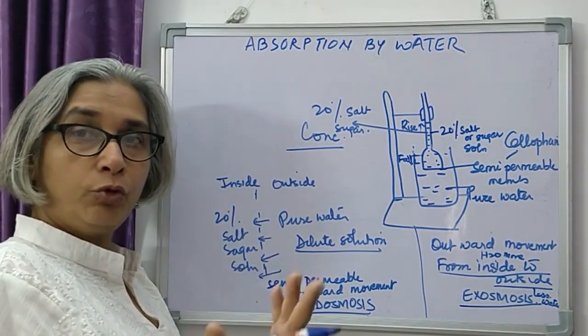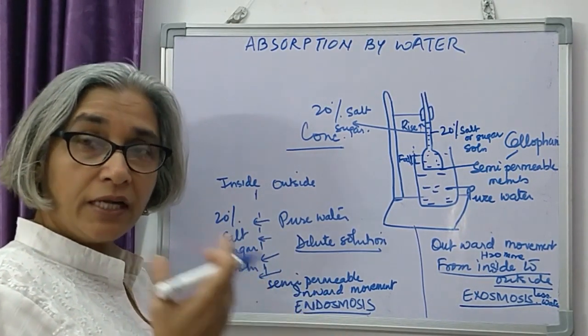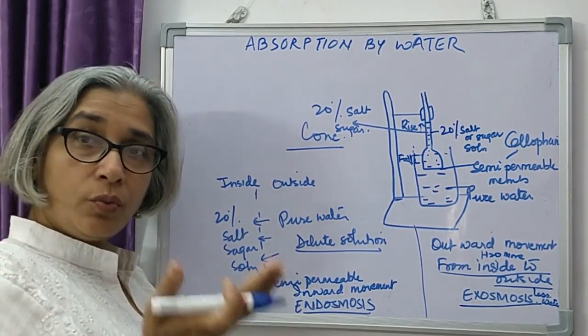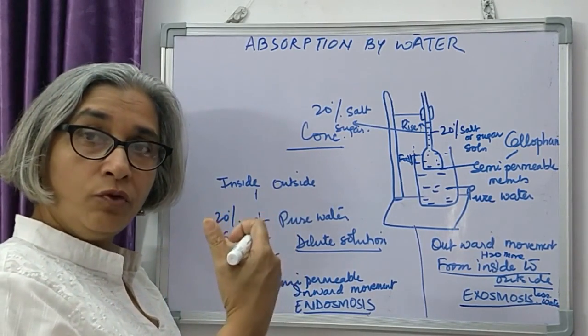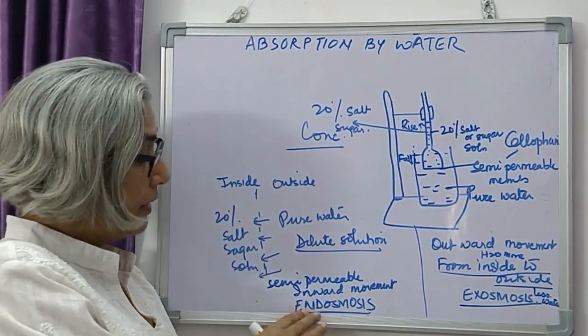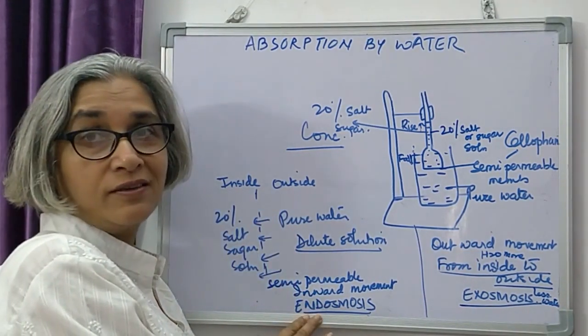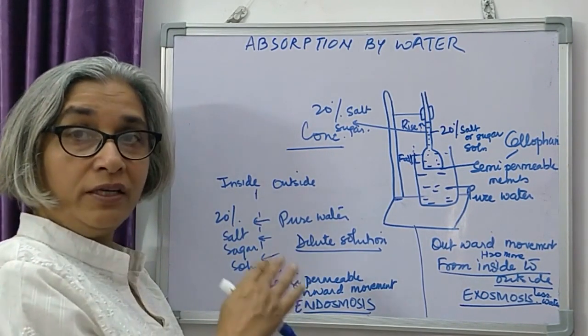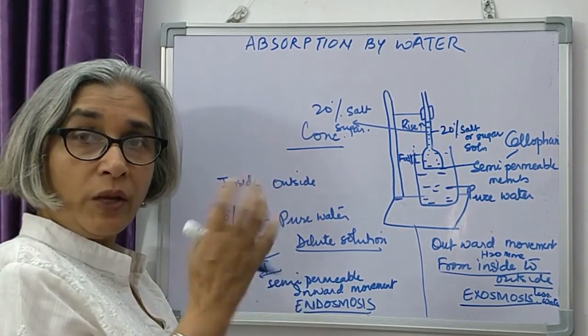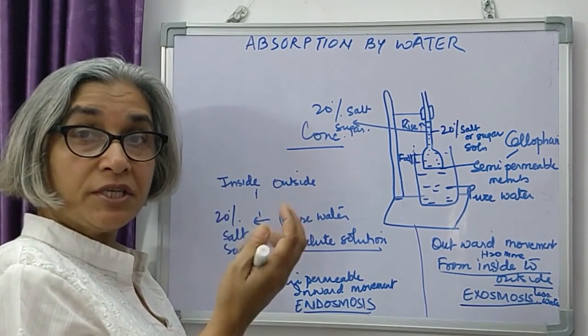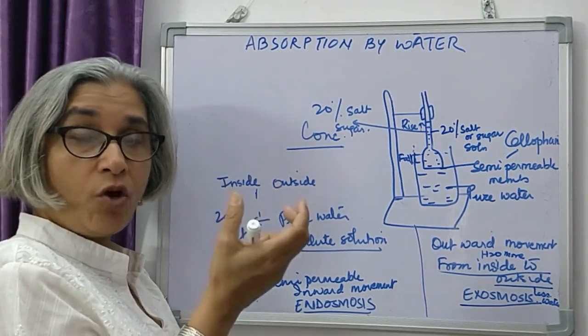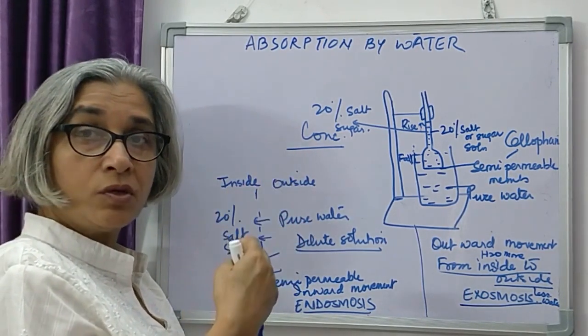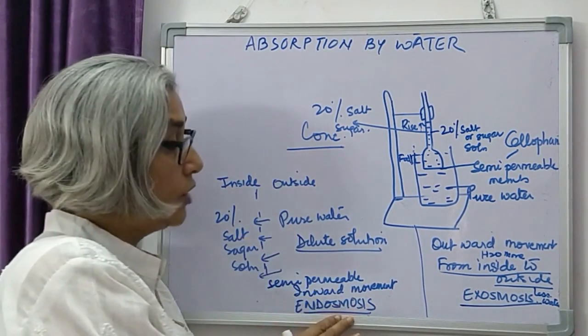Whatever organic food material the seed contains is more, and less water is there. So when it is soaked in water, water moves inside the cell, that is endosmosis. Another reason for swelling of the seeds is imbibition, that is, the surface of the seed absorbs water. So that was endosmosis.